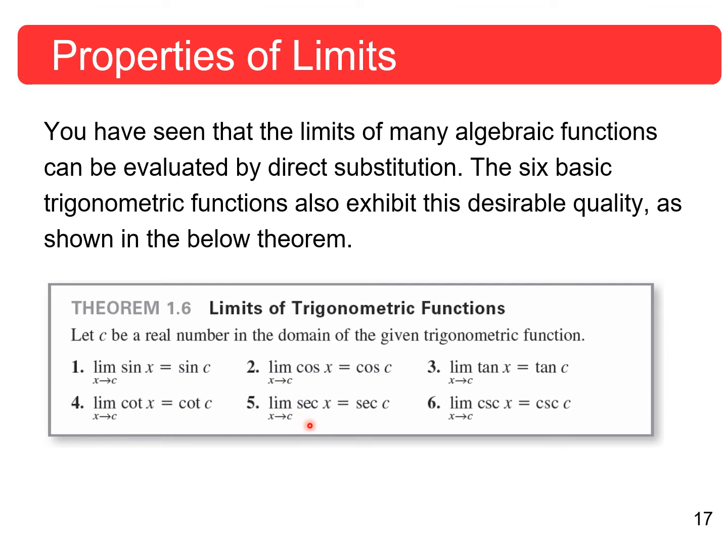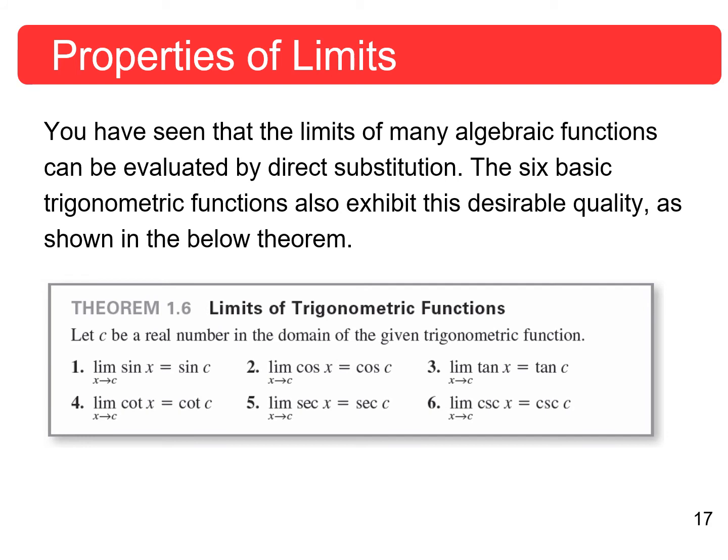And the limit of secant of x as x approaches c is equal to secant of c. And also, the limit of tangent of x as x approaches c is tangent of c. And the limit of cosecant of x as x approaches c is equal to cosecant of c.